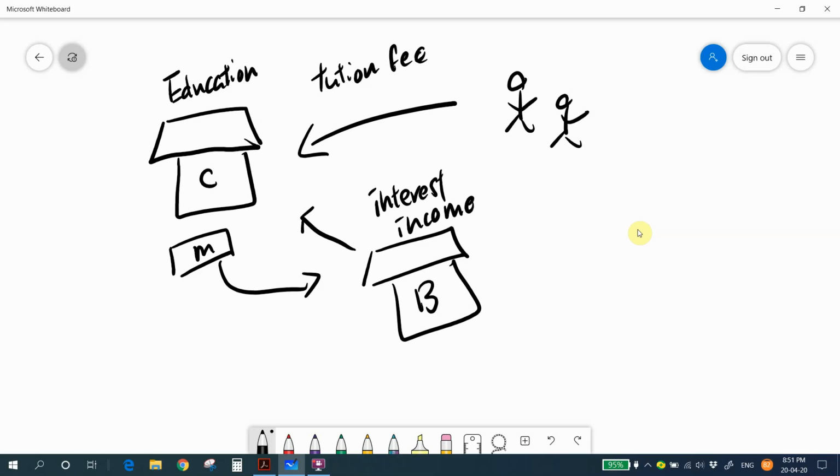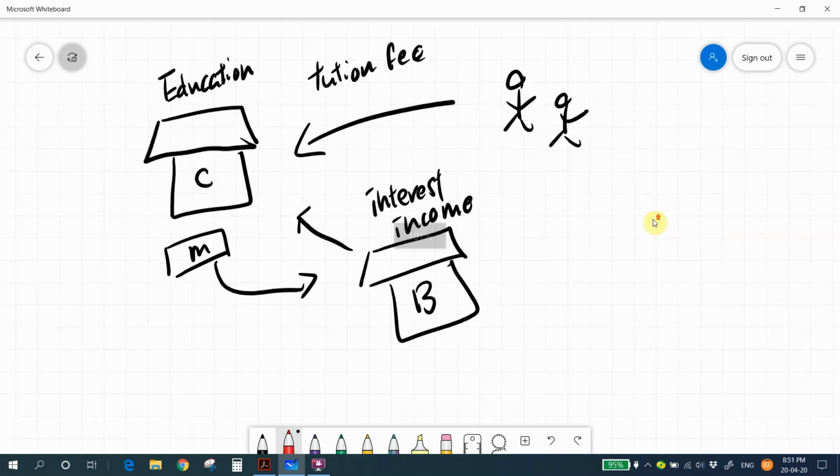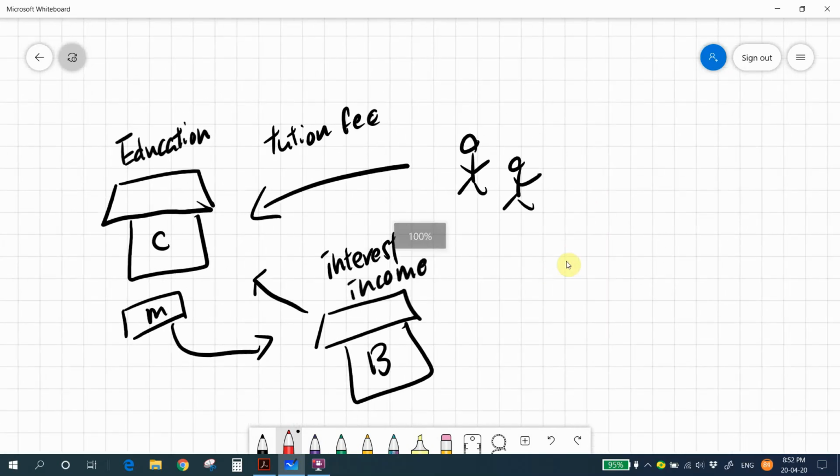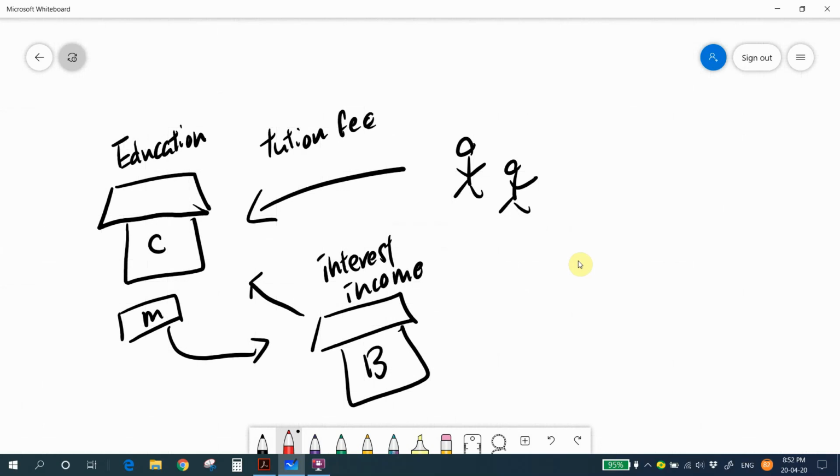So my question, based on the example here, which receipt is considered as revenue, which receipt is considered as income? Based on the accounting concept, the tuition fee that the college receives is considered what? Revenue.